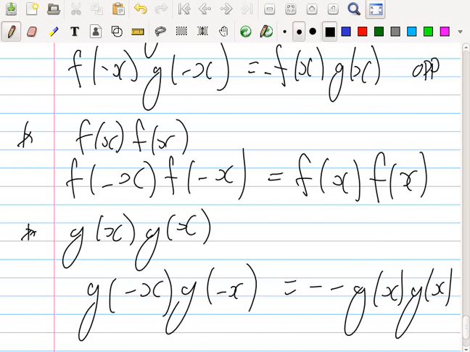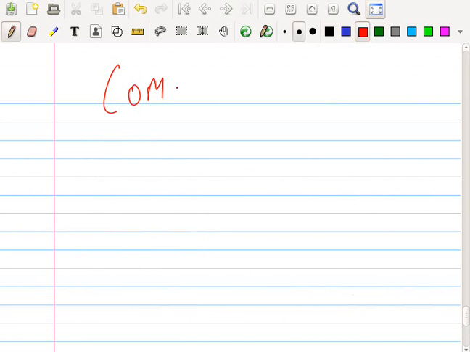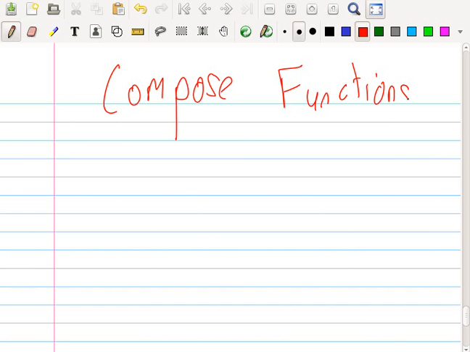Okay, next topic now. Okay. So what does it mean to compose functions? Well, you kind of did a little bit of this already, so the idea is not completely new to you.